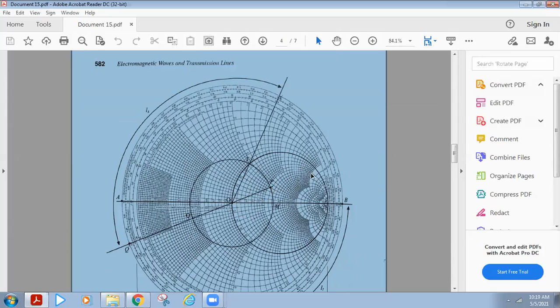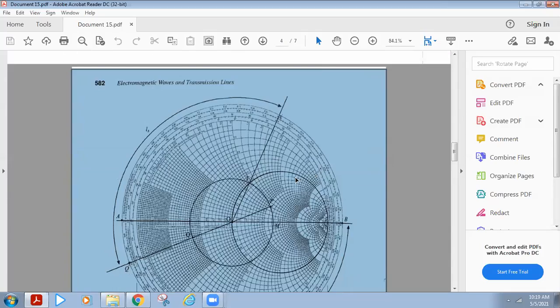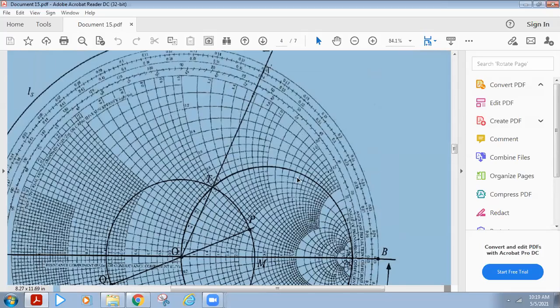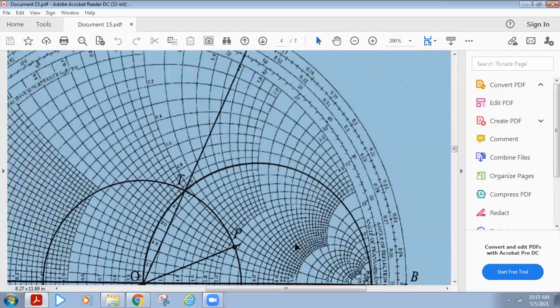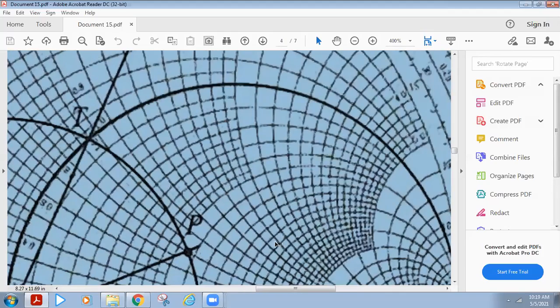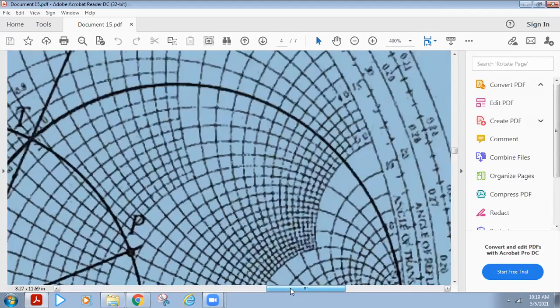This is the point which corresponds to 0.69 and 0.58.